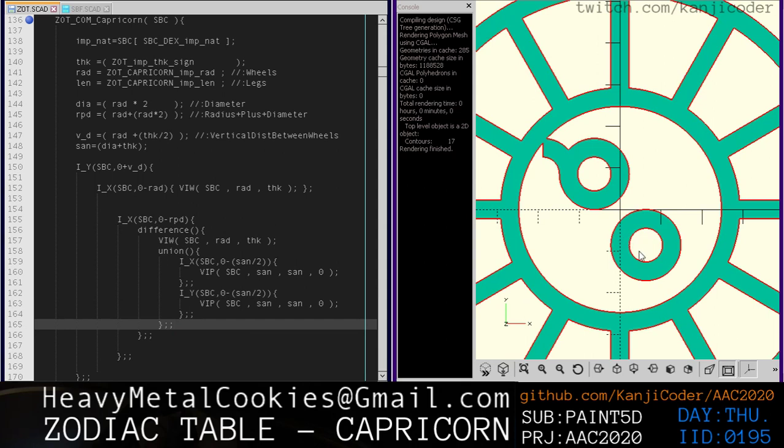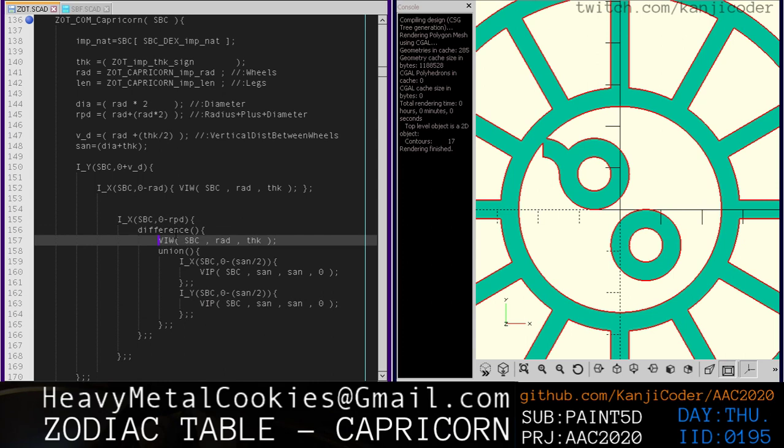Okay, so now we want to subtract down here though. Now we want to slice that, right? So we need another thing. Now, are we at the center of, this is SBC. So yeah, what we could do here is we could do IY. Oh, this is the wheel on the tip. Hold on.